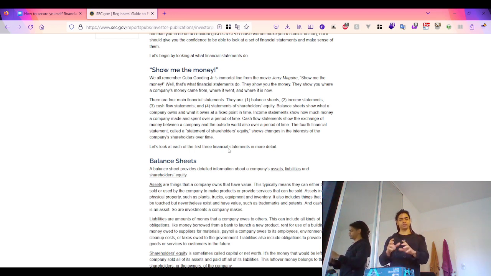Trade secrets, which is confidential data the company uses to gain competitive advantage, such as processes, formulas, and customer lists, as well as goodwill, the brand's recognition and reputation, and customer loyalty and relationships, which is another intangible asset.